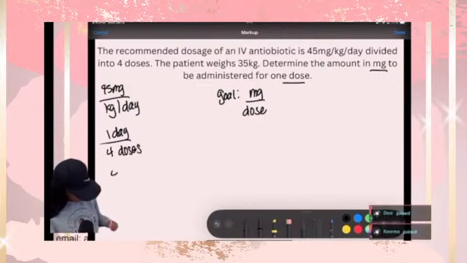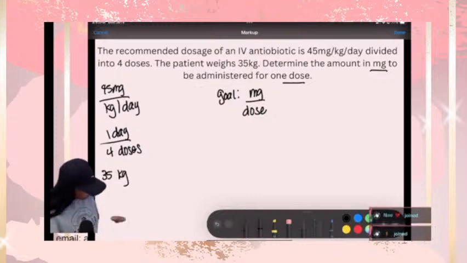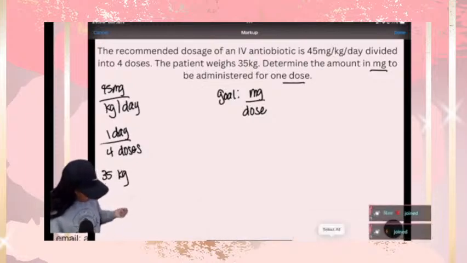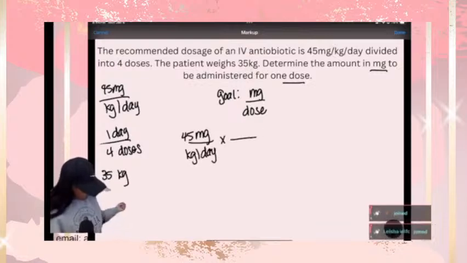And then our patient is 35 kilograms. Okay? All right. So we're looking for milligrams. We're going to start with milligrams. So 45 mgs per kg per day. Now we have kilograms on the bottom and days on the bottom.